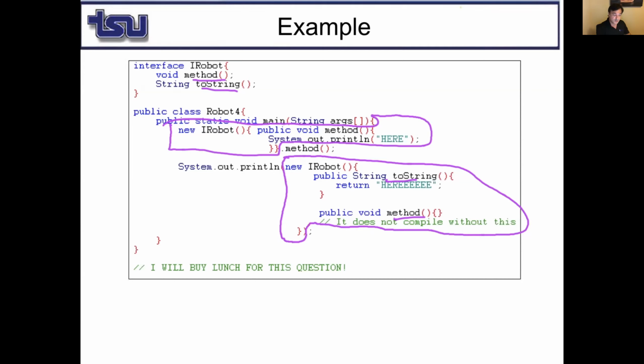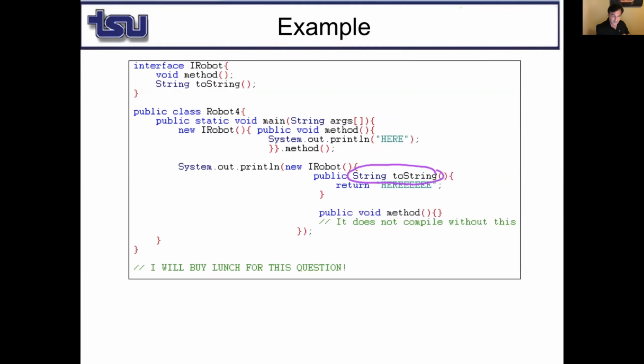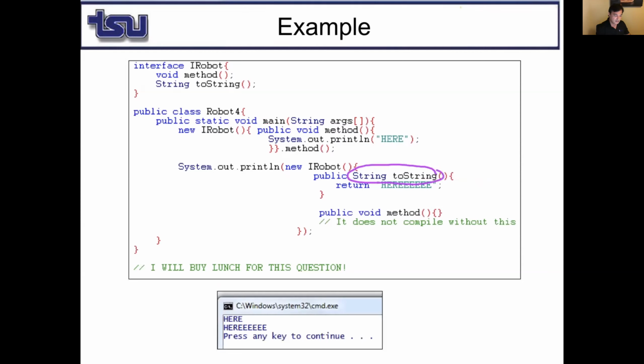String representation of it means making a call to the toString method of the Object class, unless I have a toString method defined in my implementation. As you see here, I already have a toString method right there. So when I call this, it's going to have here, and it will also have what? Here, this one. So my question to you, here I did not have to implement both of them.